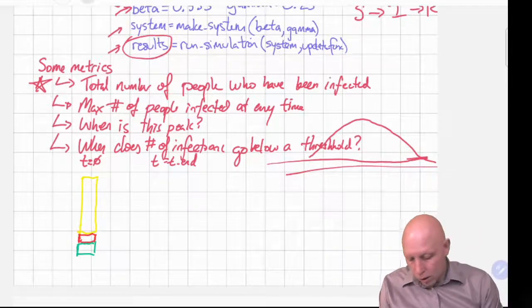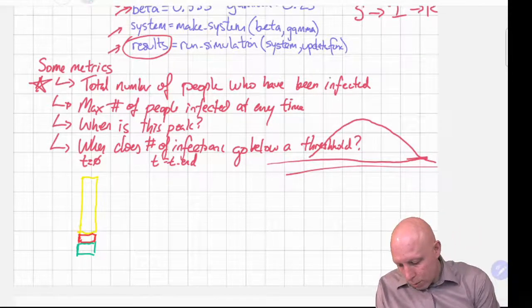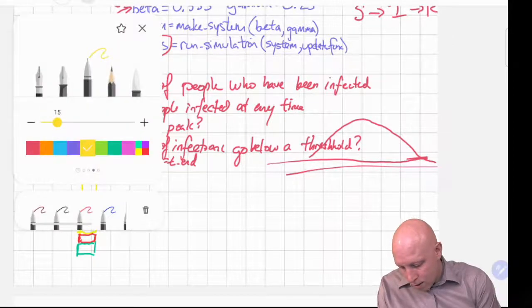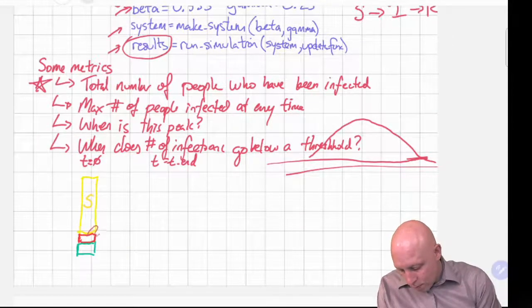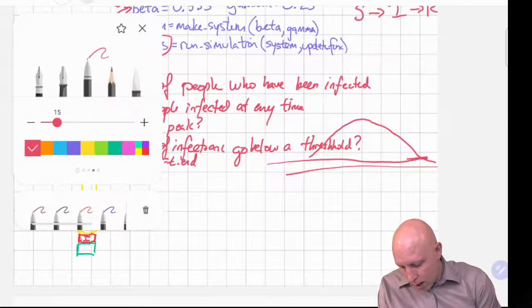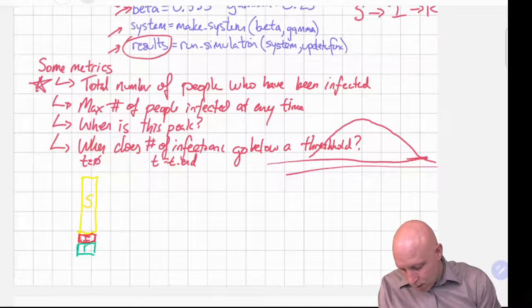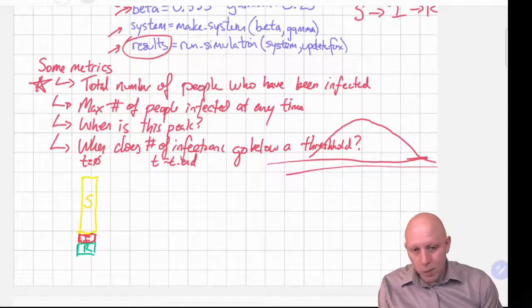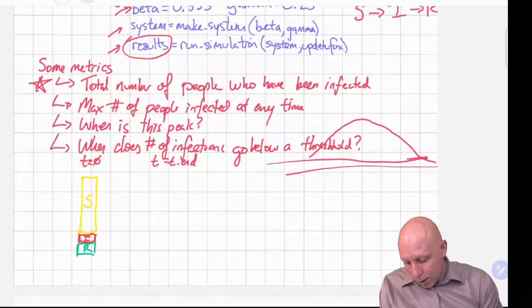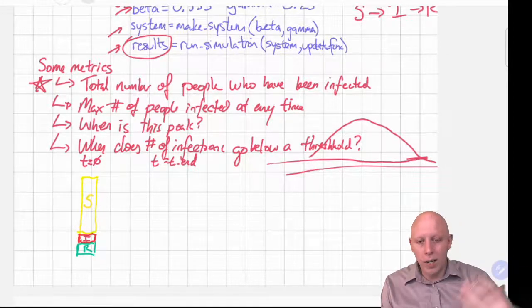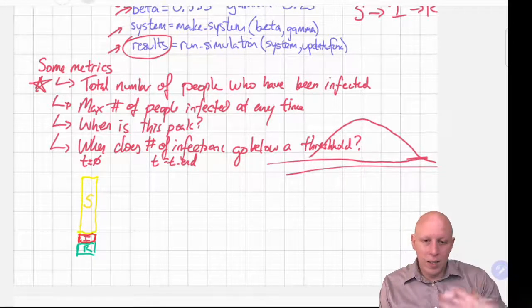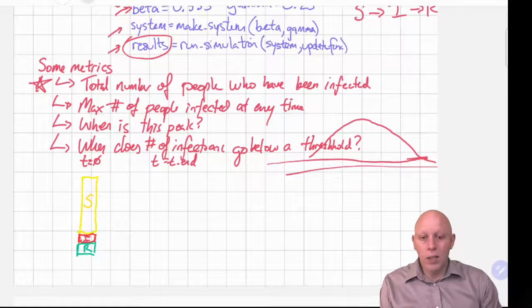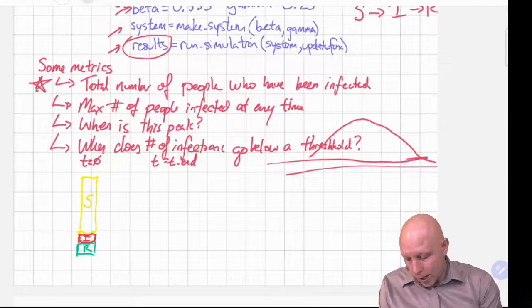Recovered or resistant. So this is going to be our S, our I, and our R at time 0. And so over time, some of the people who are susceptible get infected, some of the infected people recover, and then all the recovered or resistant people stay that way.